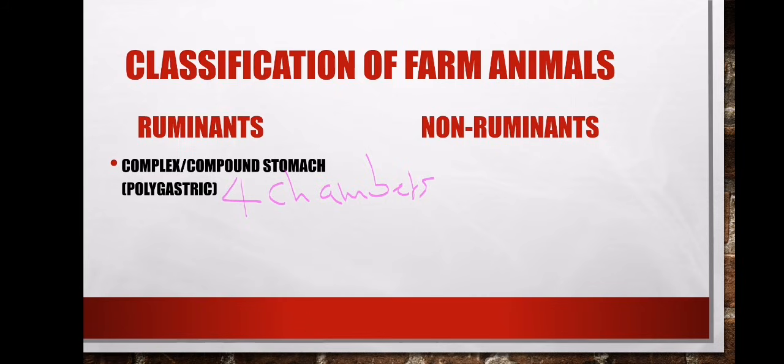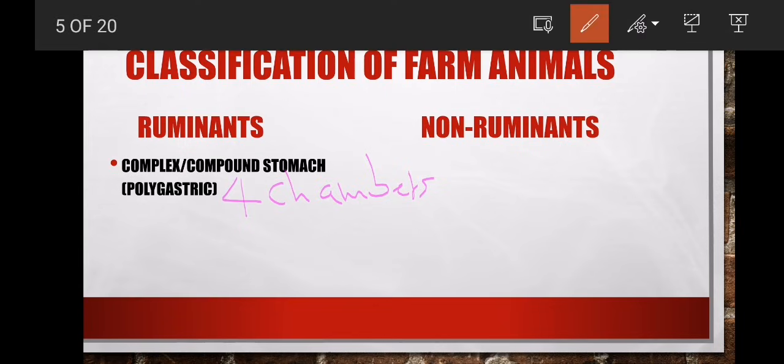So when we look at ruminant animals, we are saying they have a complex stomach. In a simpler way, they have a polygastric stomach. Poly means many. So we can say they have many stomachs, but specifically we say they have 4 chambers.